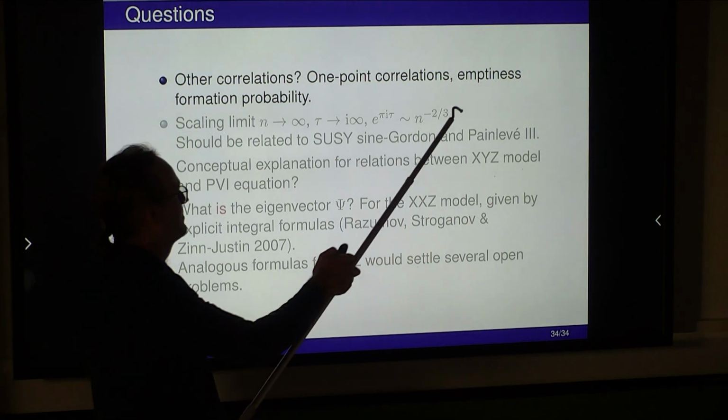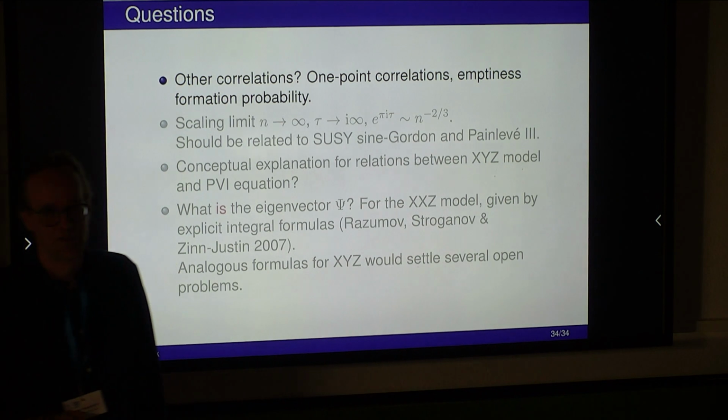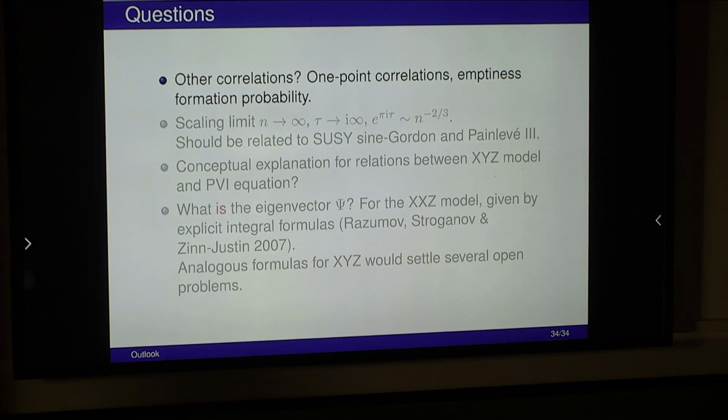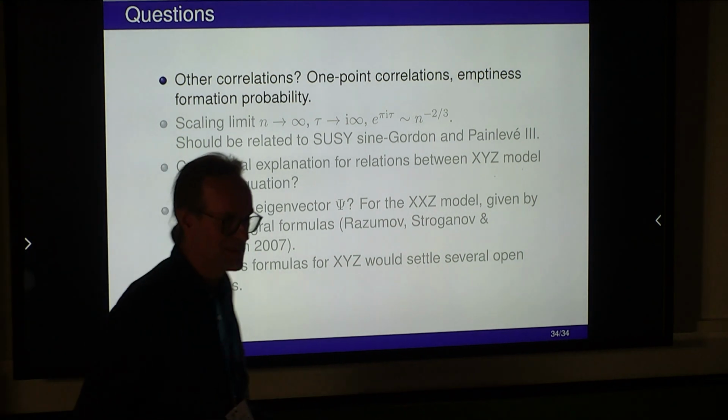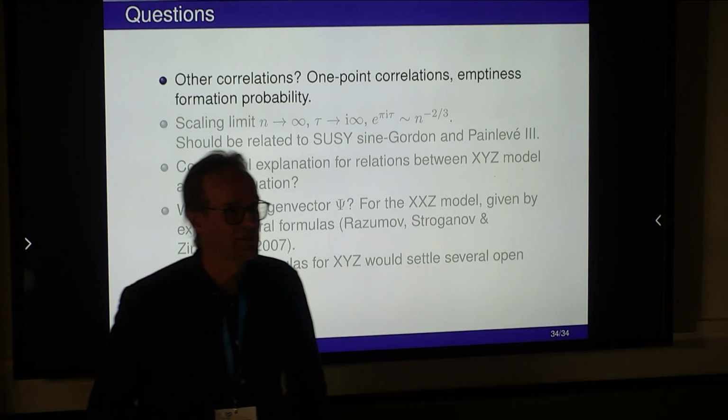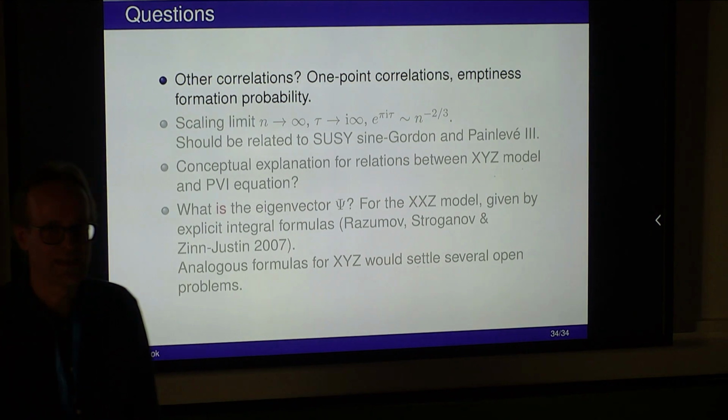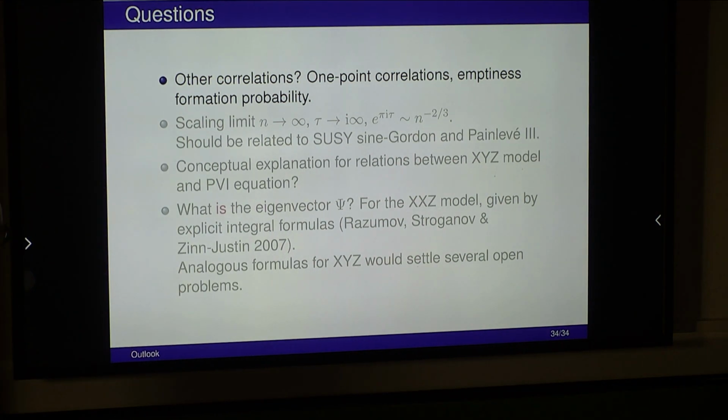And also something that people have looked at a lot for the XYZ spin chain is emptiness formation probability. That's basically the probability that you see a long chain of up spins inside your chain. So it's maybe the simplest multi-point correlation function. Those two are things that we could hope to compute.